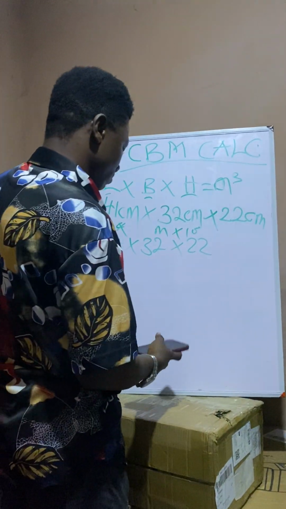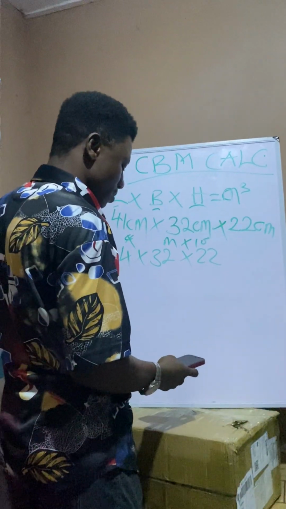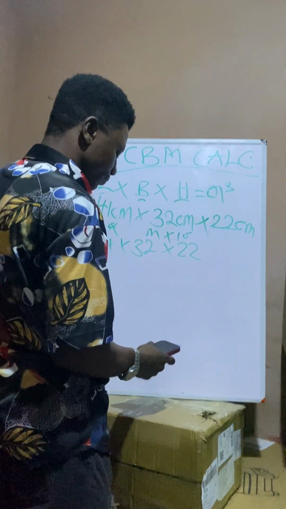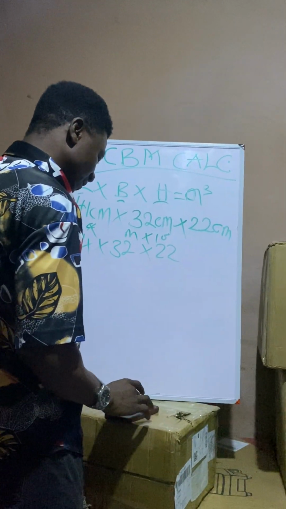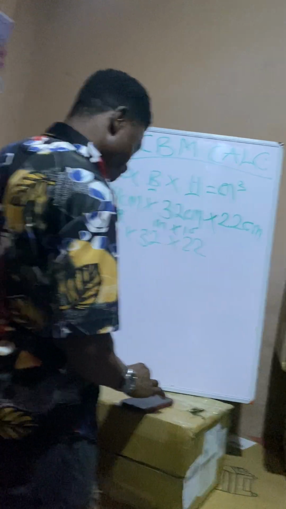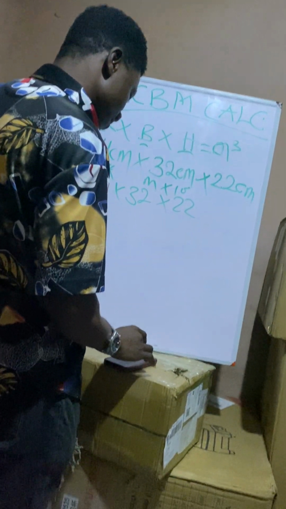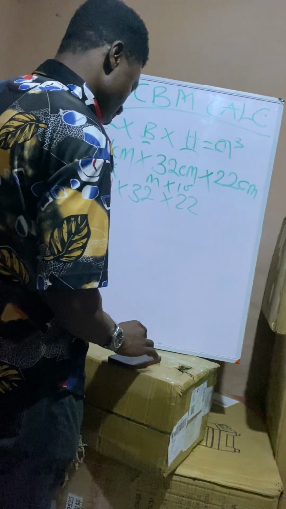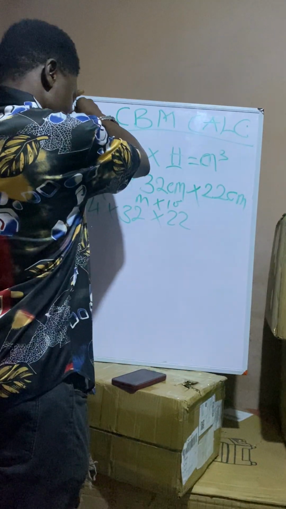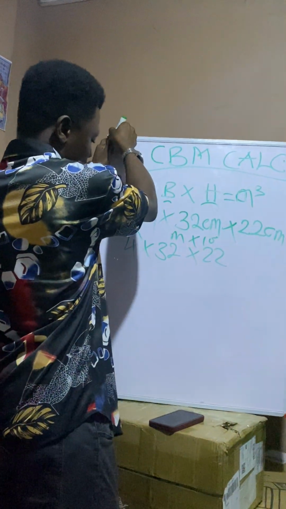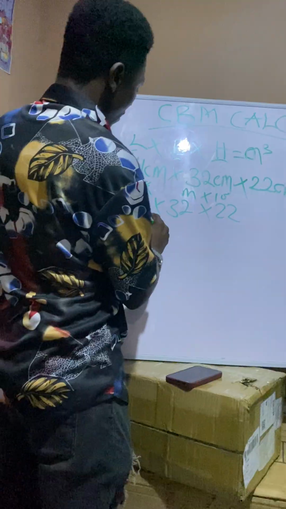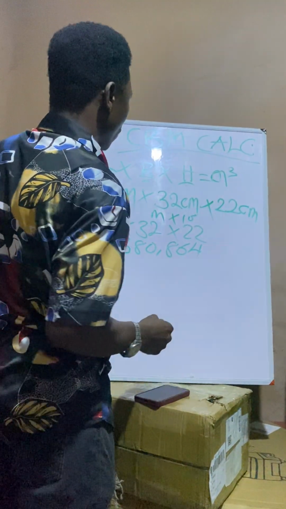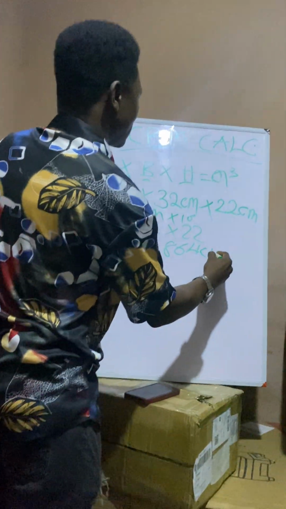41 by 32, by 22, is giving us 380,864 cubic centimeters.